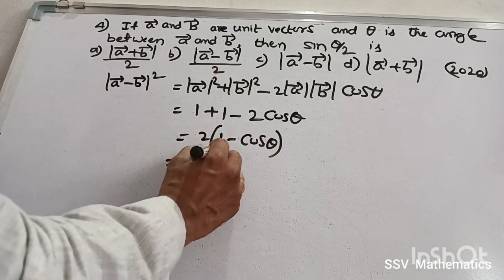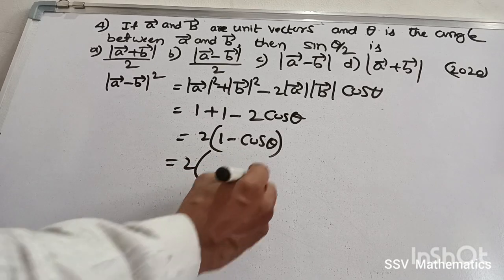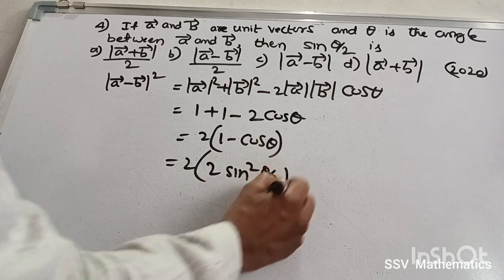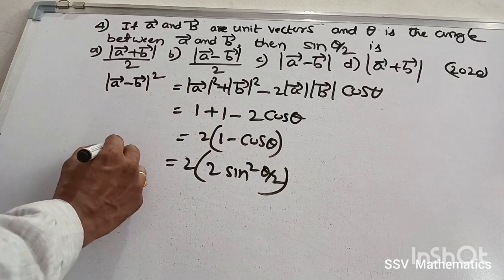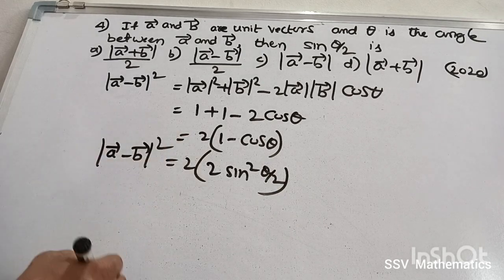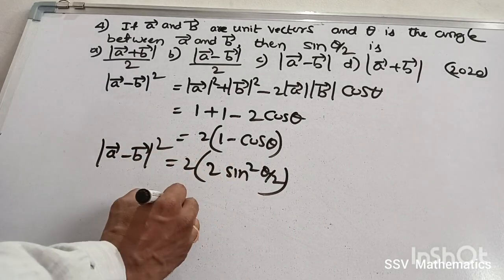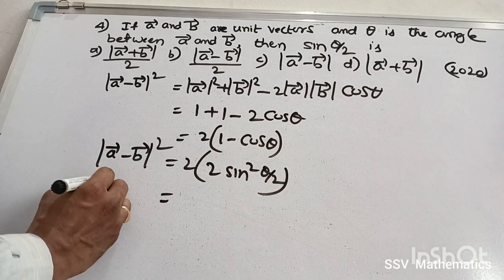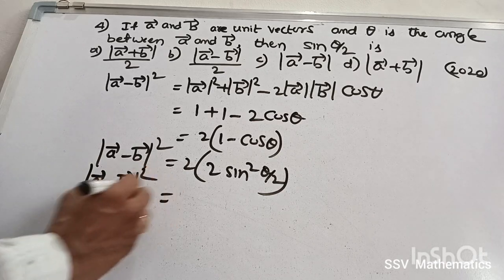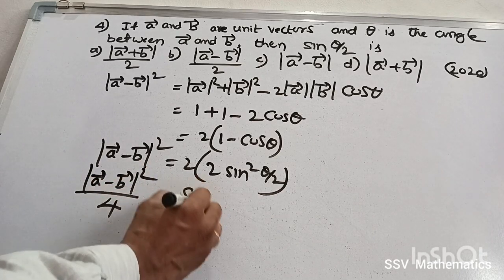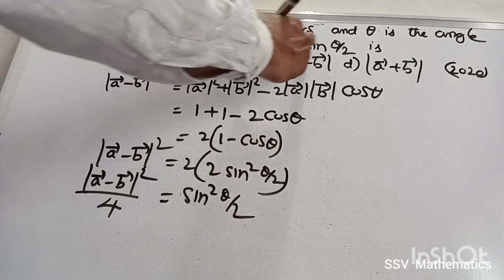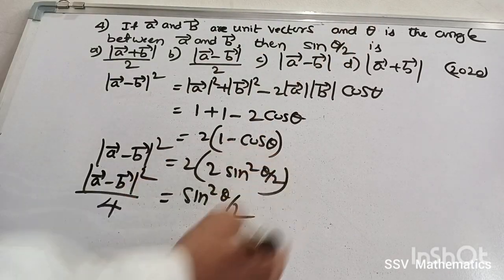So 2 into 1 minus cos theta can be written as 2 sin square theta by 2. So in the left hand side, magnitude of A minus B whole square equals 2 into 2 sin square theta by 2, so 4 sin square theta by 2. Take this side: magnitude of A minus B whole square divided by 4 is equal to sin square theta by 2. But we want sin theta by 2, and here sin square theta by 2 is there.